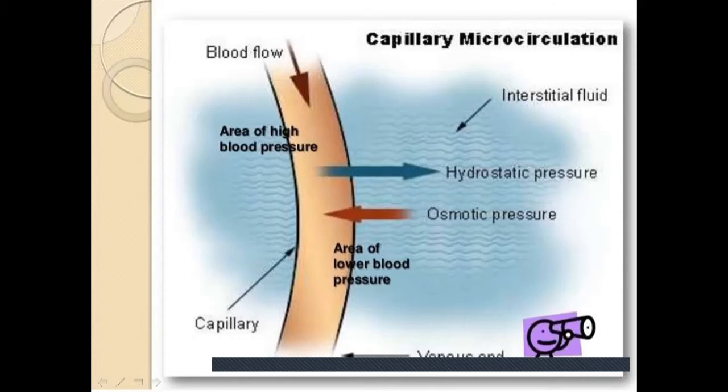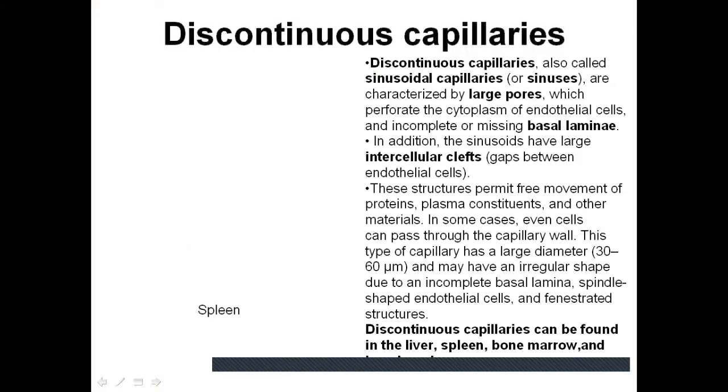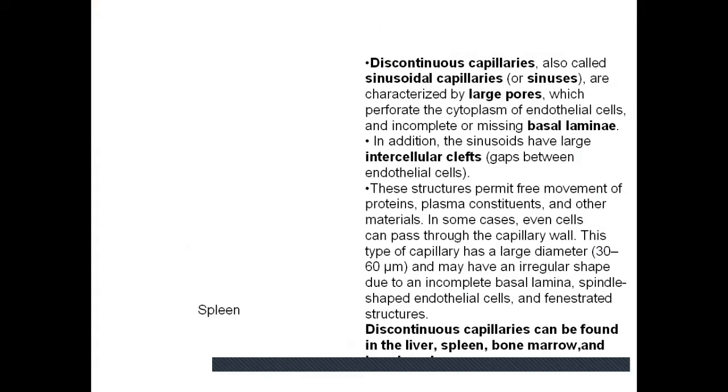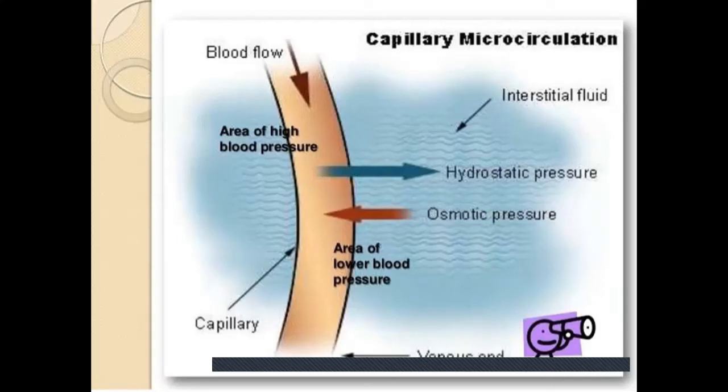As the blood passes through the capillary, the pressure in the capillary gradually falls and falls and falls. And down here at the bottom, the pressure in the capillary is a lot lower, and there is an osmotic pressure that pulls the interstitial fluid back into the capillary.